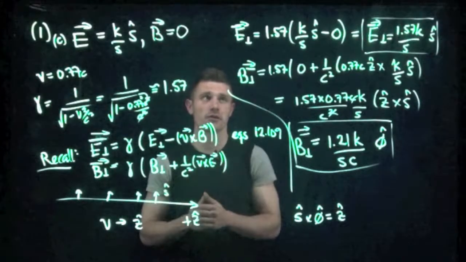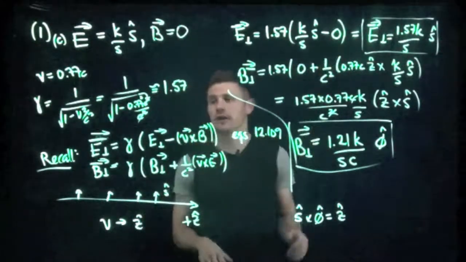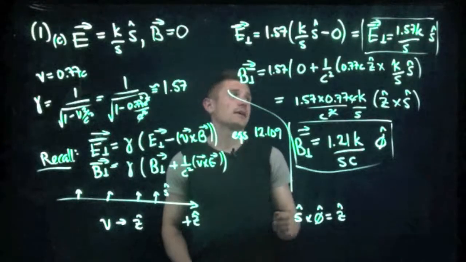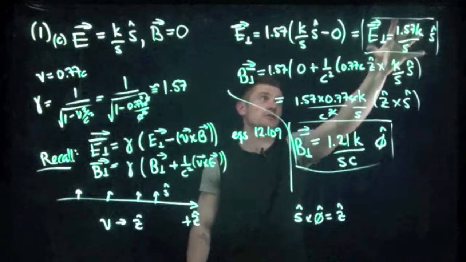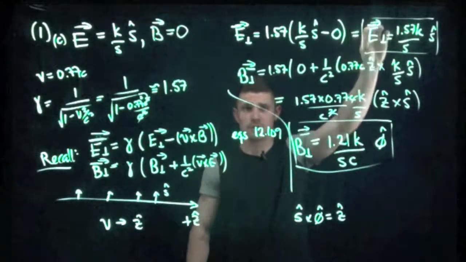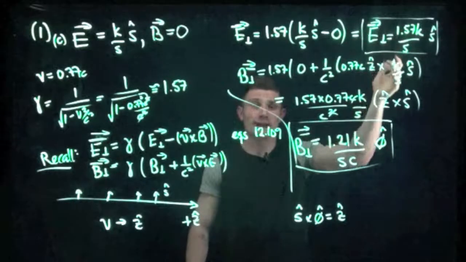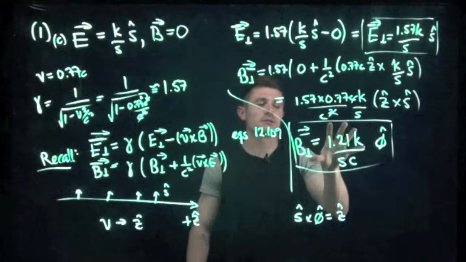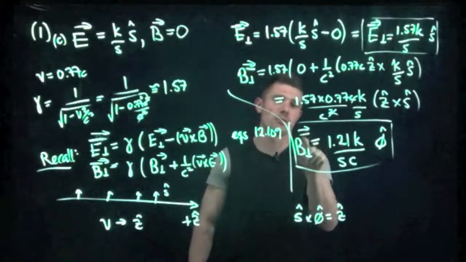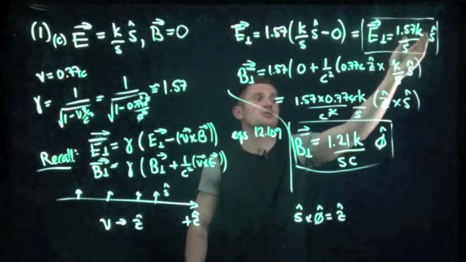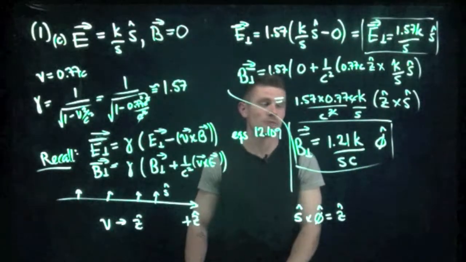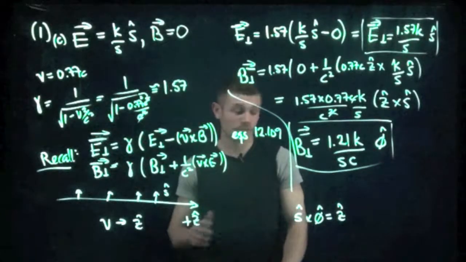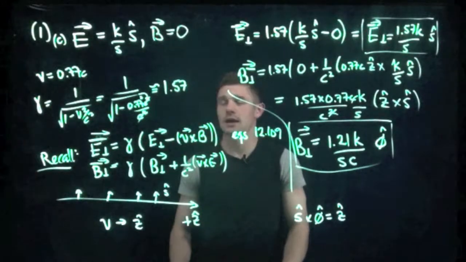So there are two different components. And then you can just plug in your values, do some calculations, and end up with this electric field, E bar, observed by Heidi, and this is the new magnetic field observed by Heidi as well, also B bar perpendicular, and these are two vectors, so we need the direction included as well. And that concludes part C of question 1 and the entirety of question 1.